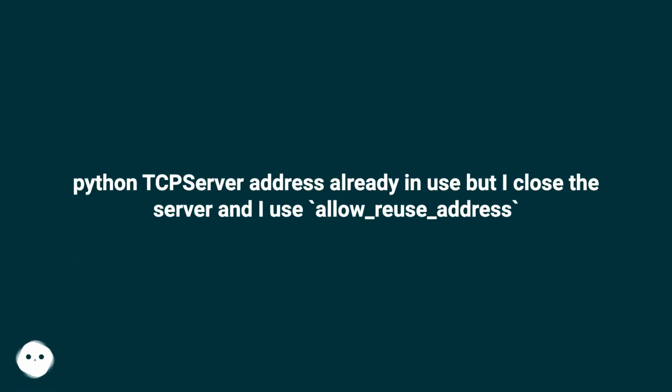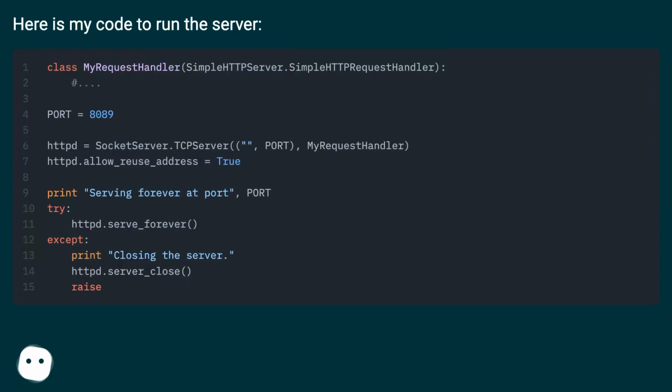Python server address already in use, but I close the server and I use allow_reuse_address. Here is my code to run the server.